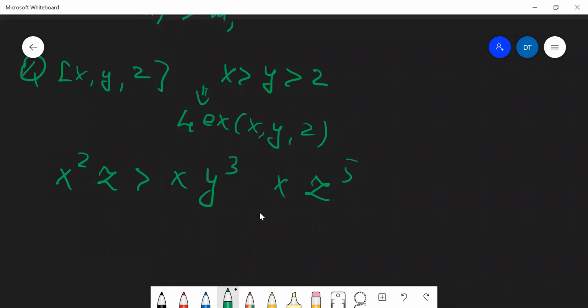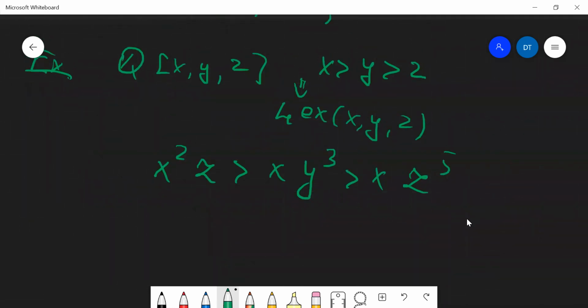Then we can compare the power of y, but here the power of y is 3, and here the power of y is 0. So the second one is strictly larger than the third one. So we don't care about the degree of the next variables. This is how it works.